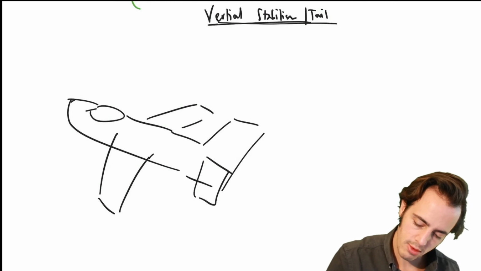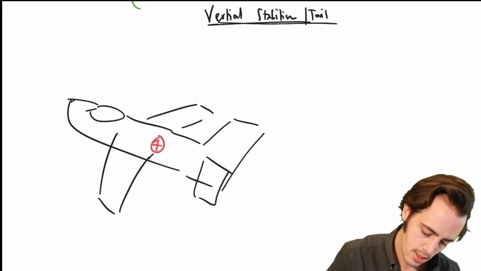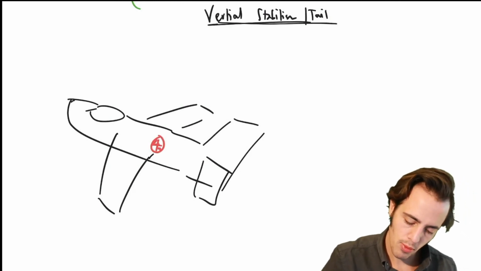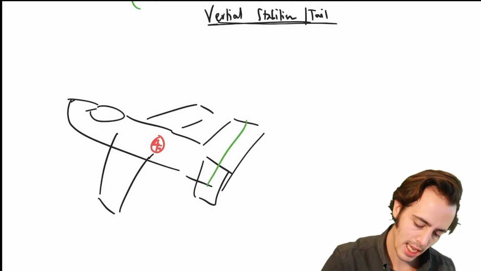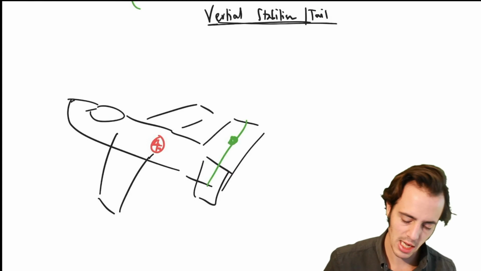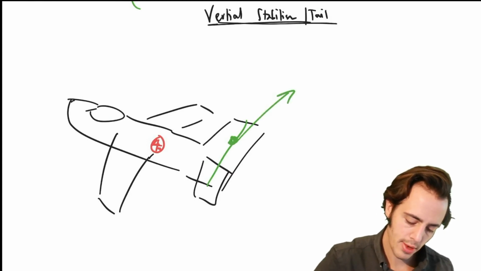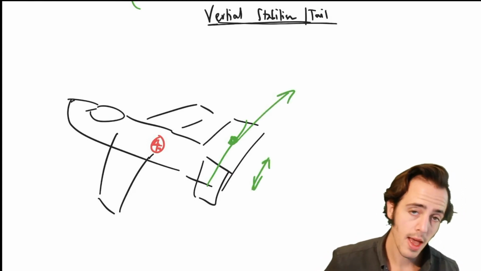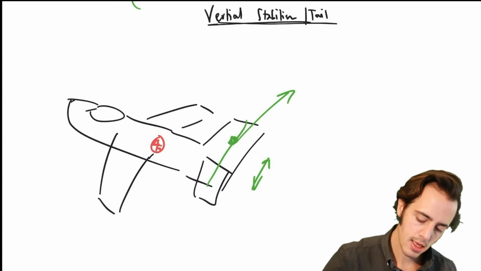Let's draw our centre of gravity here. Then we can think about where this vertical tail is. The vertical aerodynamic centre is going to be located some distance above the centre of gravity.